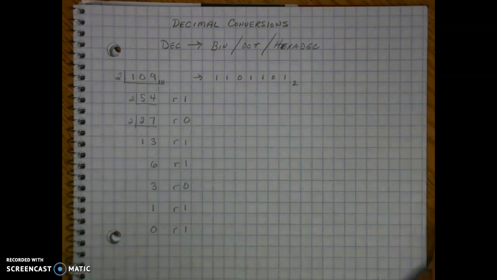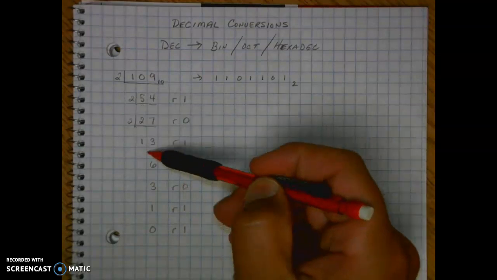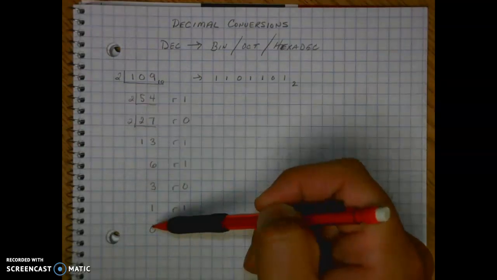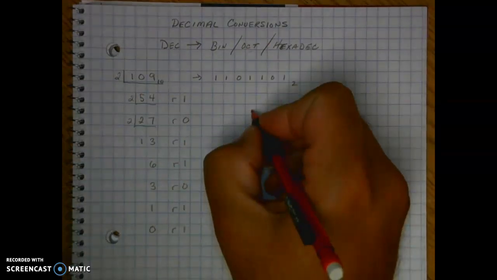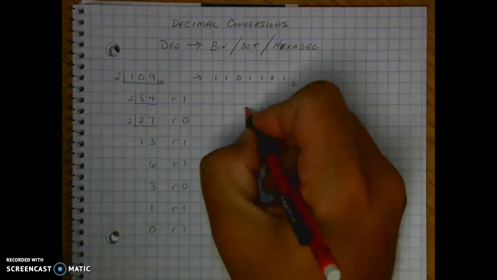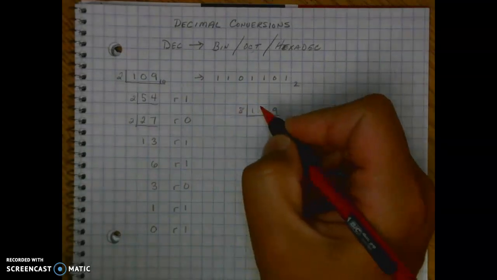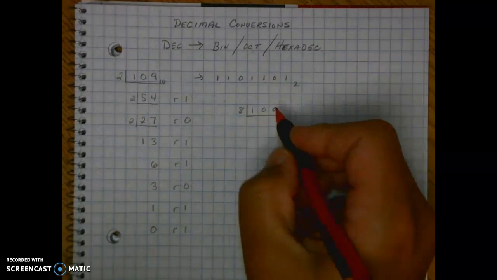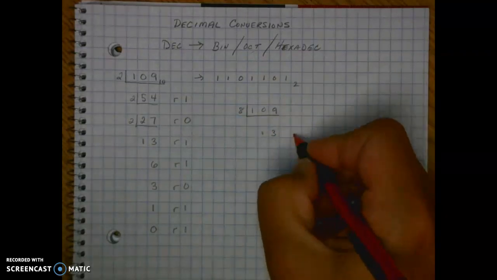Sweet. So it doesn't matter the base we go to, we're just going to change it by dividing by something else. So instead of dividing by 2 this time, I'm going to divide by 8, which is octal, base 8. So if I take 109, and this time I'm going to divide by 8, 8 goes into 10 one time, remainder of 2, that gets 3, that's 24, that's a remainder of 5.